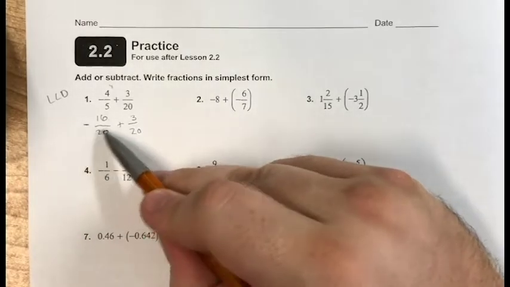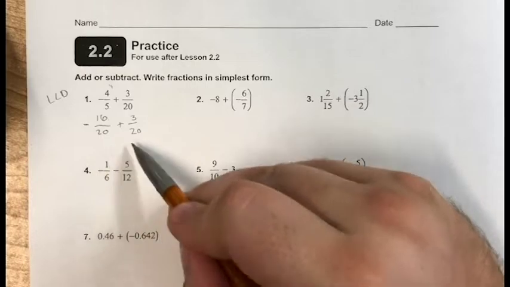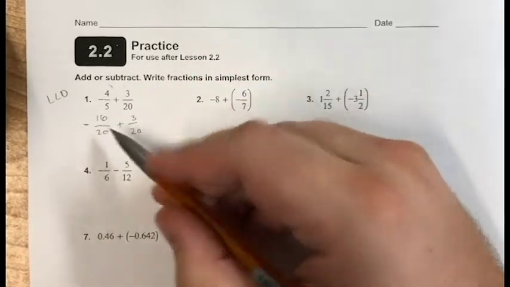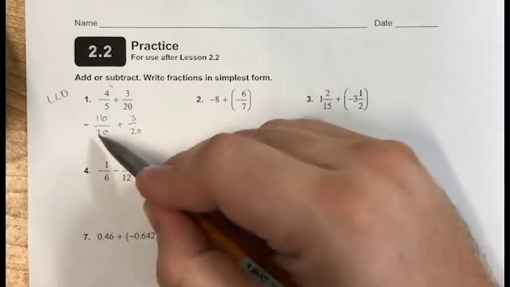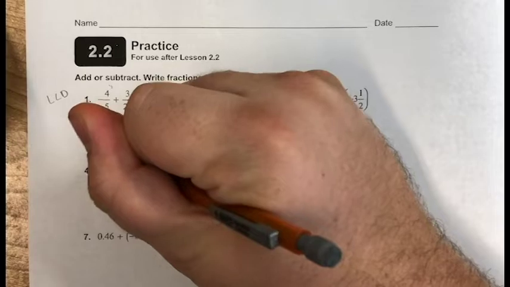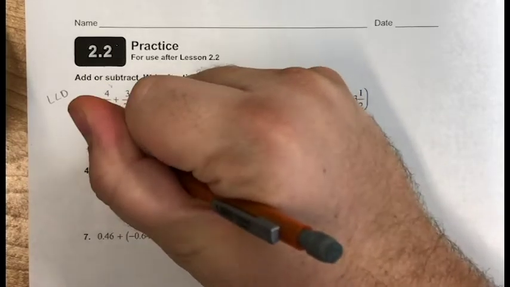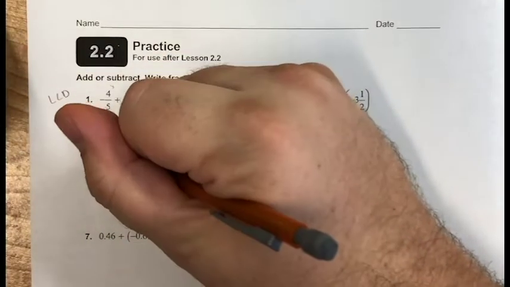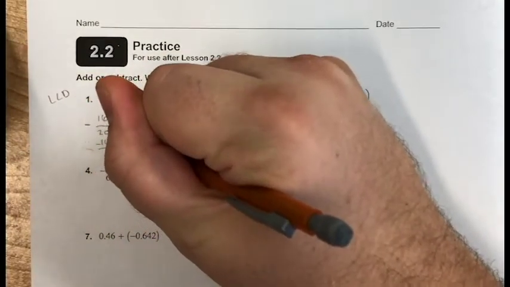Now that we have negative 16 over 20 plus 3 over 20, we can treat this like a normal fraction. We know our denominator is going to stay the same, so I'm going to write that down. And this time, my negative is going to come up here. So this is going to be negative 16 plus 3.